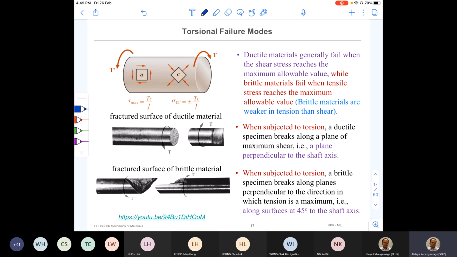But at other angles, let's say if we cut this member at a 45-degree angle or any angle like this, on this surface you find not only shear stress, but normal stresses too. That normal stress can be tensile stress or compressive stress.